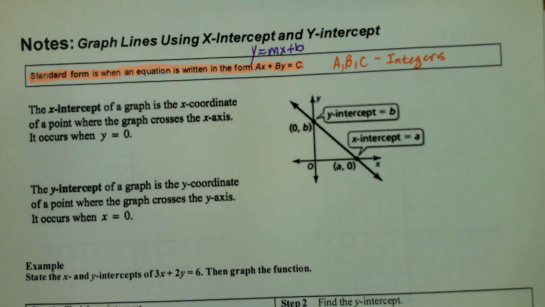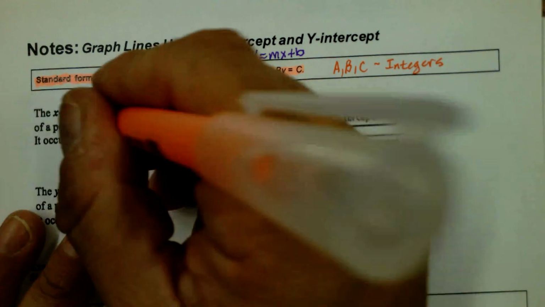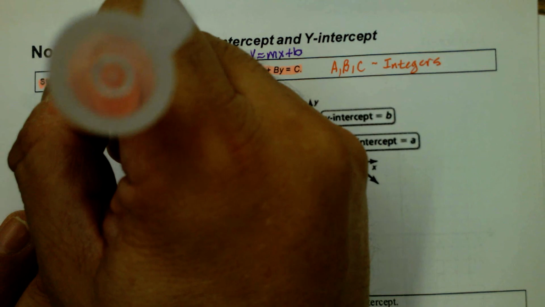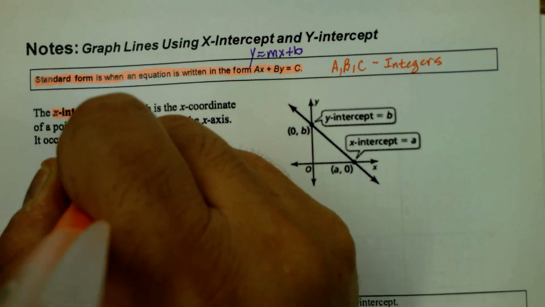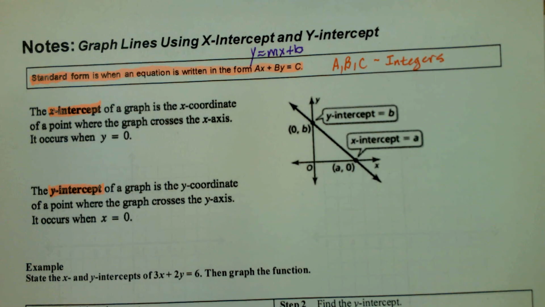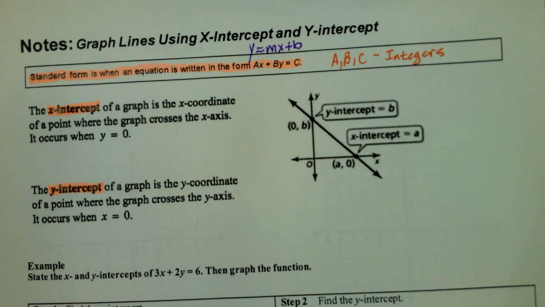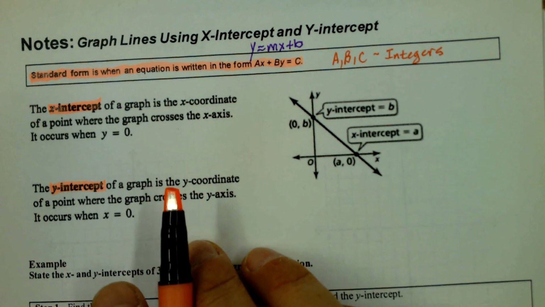One of the things that we can do with this format for writing a linear equation is to easily find the x-intercept and the y-intercept. So we've already talked about the y-intercept. The x-intercept is the same thing.